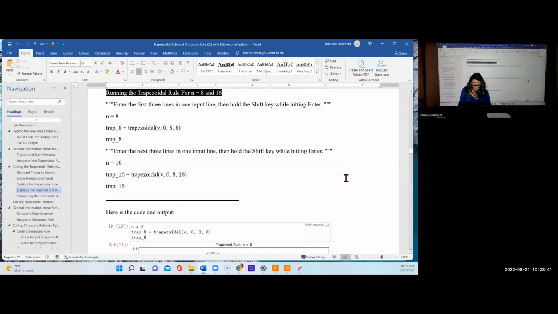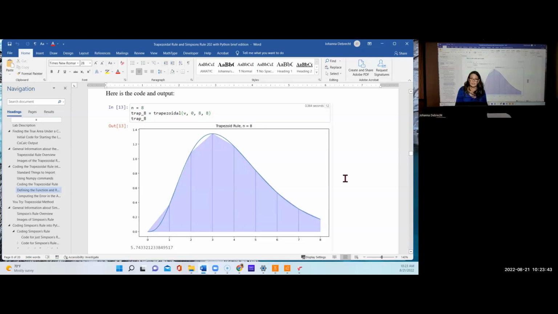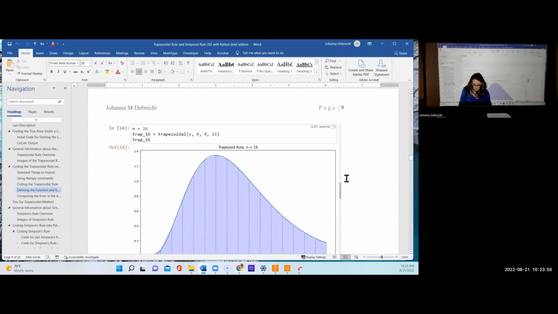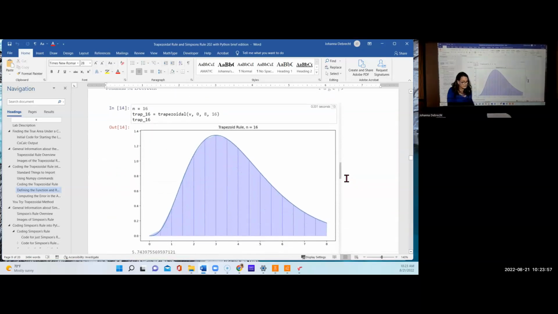And then the code and the output would look like the following. So here is what it looks like using 8 trapezoids. You can tell it's a better approximation. It's getting closer to the true value that we set previously called exact. And here's what it looks like when you run 16. And on 16, you can barely see the difference between the actual curve and the trapezoids, except right here where the change in curvature is most extreme.